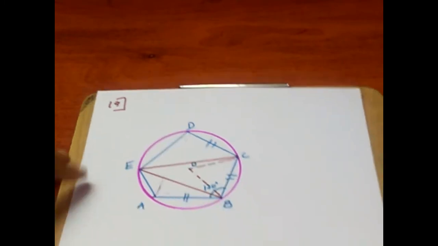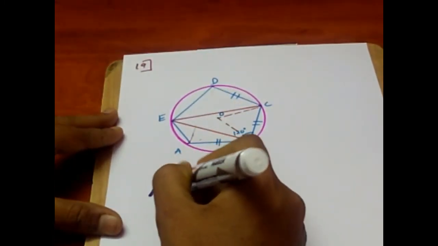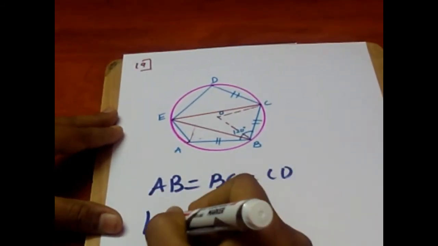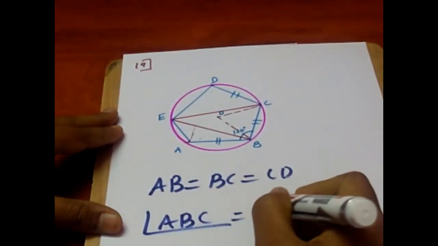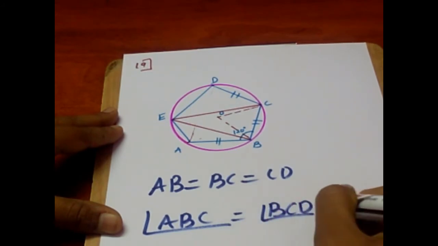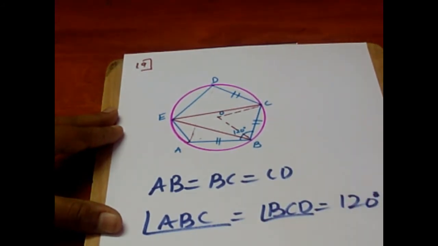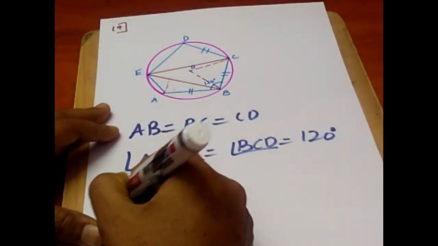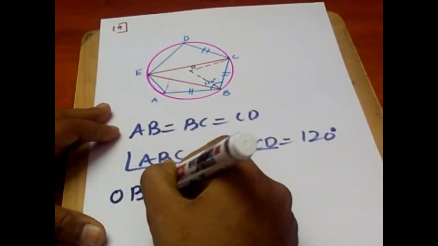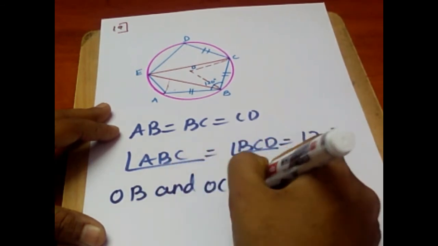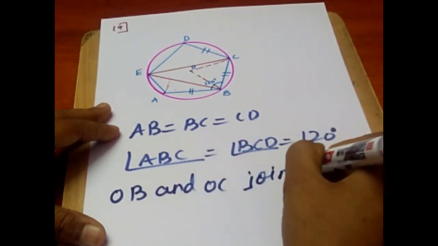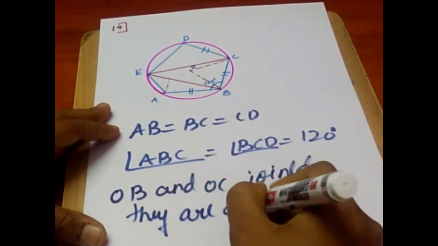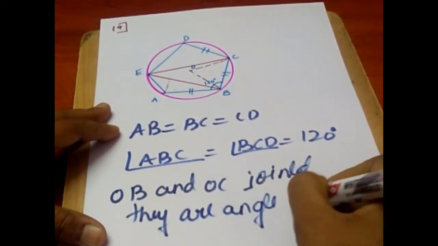It is clearly said in the question that AB is equal to BC is equal to CD. Hence, I can say that angle ABC is equal to angle BCD is equal to 120 degrees. This is point number 1. Now, once OB and OC are joined, they are angle bisectors.